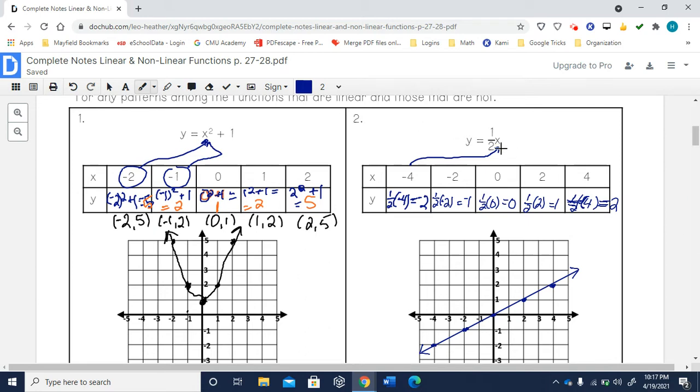And you'll notice that it's just a plain x, which is x to the first power. So the big difference between them is that number 1 is raised to a power other than 1, okay? Whereas for number 2, it is not.